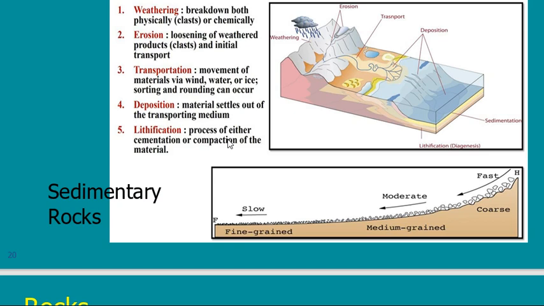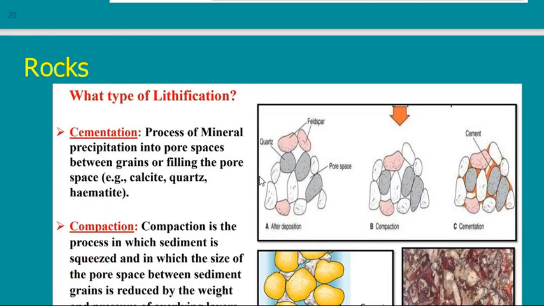You put some ingredients in the oven, and you get one material, just one material. It's a cake. How did this happen? Because of very high heat. So here we have heat and pressure, and it changes to good rock. This is what lithification is.